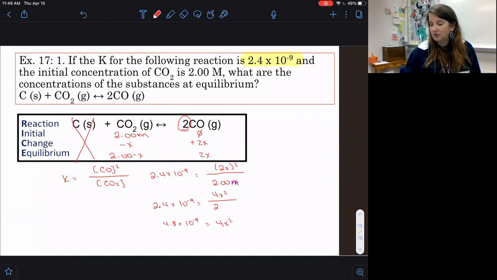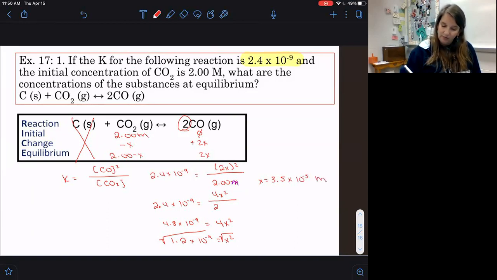Now I'm going to divide both sides by 4 to get that 4 out from the x. I have 1.2 times 10 to the negative 9 equals x squared. Now to get x by itself, I've got to take the square root of both sides. So I'm going to square root my answer here. And I see that x is equal to 3.5 times 10 to the negative 5. And that's going to be molar.